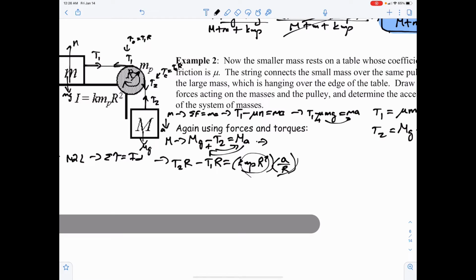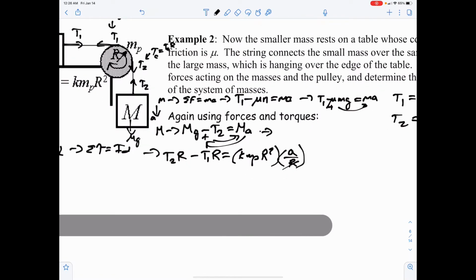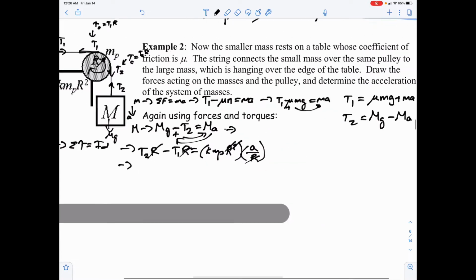We substitute for I, substitute for alpha. Cancels, cancels, cancels, cancels, cancels. And we have T2 minus T1 equals K m_p a.